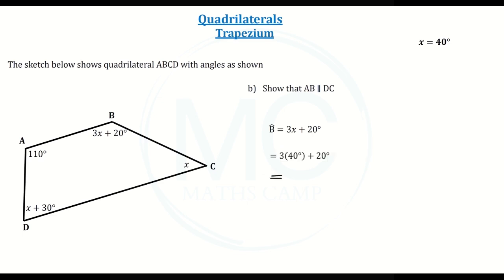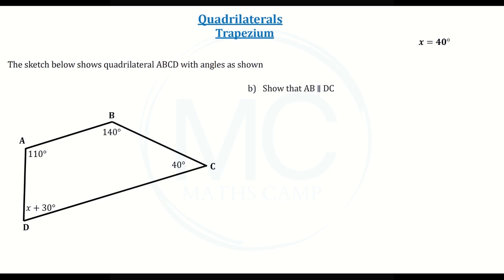Expand our bracket. 3 multiplied by 40 gives us 120 degrees plus 20 degrees, which gives us 140 degrees. This is the size of angle B. So let's make some space. Let's take 3x plus 20 out of our diagram and write in 140 degrees. The angle of C is simply x, and we know that x is 40. So let's take the x out of the diagram and write in 40 degrees.